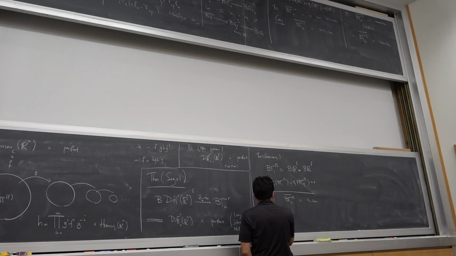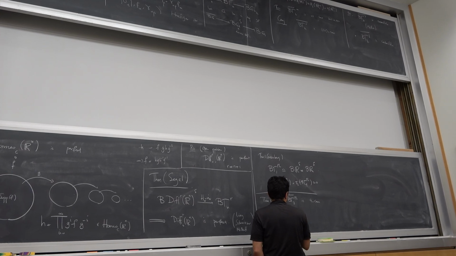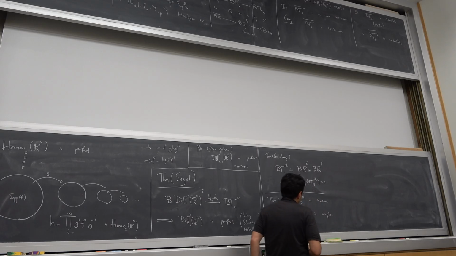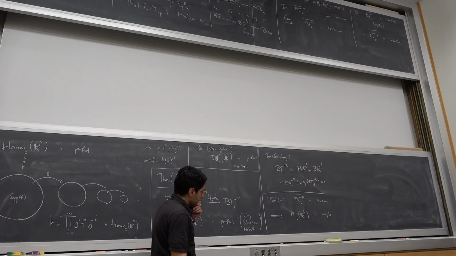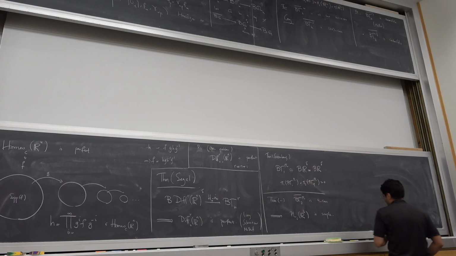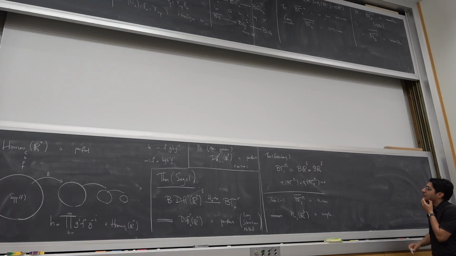And this implies that PL compactly supported R2, or in fact any surface, isotopic to identity, is connected, so there is no reason to say it is not perfect or simple. And simplicity here tells you something about the structure of this group.